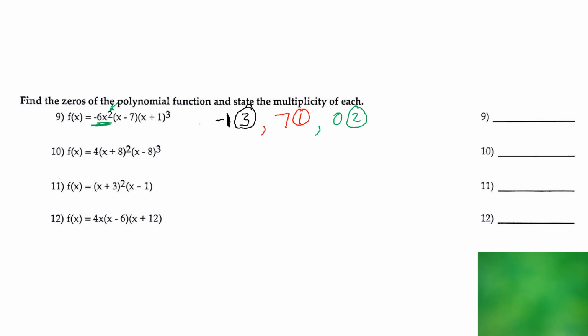We could go through the same process on the rest of these. So on the next question, we'll notice that for x minus 8, 8 is the root, and 3 is the power, or multiplicity.